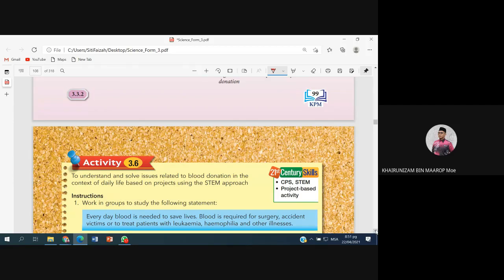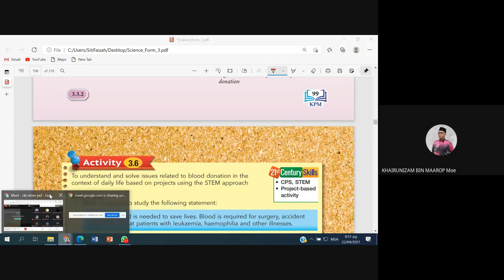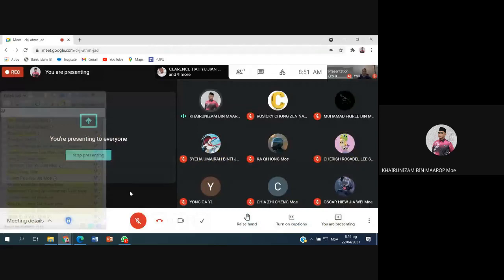Okay, biasanya kita akan cucuk di sini kan. Okey, biasanya kita cucuk di lengan sini untuk derma darah. Because of what? Because di sini kita punya vein.